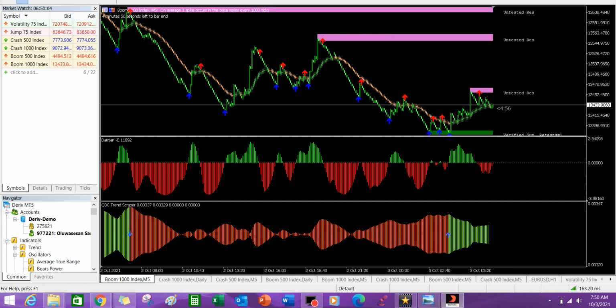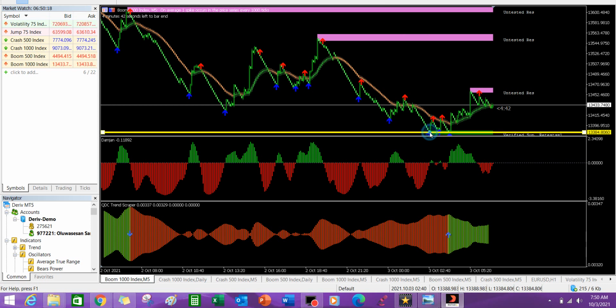So the first thing, like I said, is for you to know the right trend, and right here on the chart, the QDC scraper trading indicator will help you to know the beginning of the trend. So you can always come in at the beginning of this trend, because it is moving from red to green, so definitely on this support region is where the trend is starting from.